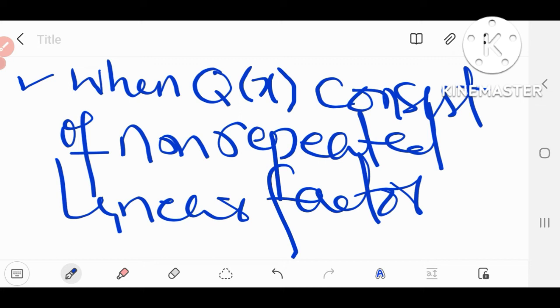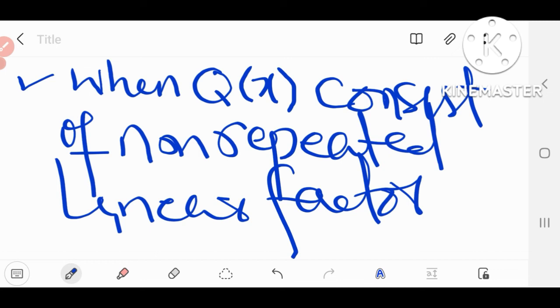I am telling you this because in case number 3 there will be a quadratic factor, a non-factorizable quadratic factor. So you can decide that this question belongs to case number 3, because in the denominator a polynomial of degree 2 is given, but that is not factorizable.